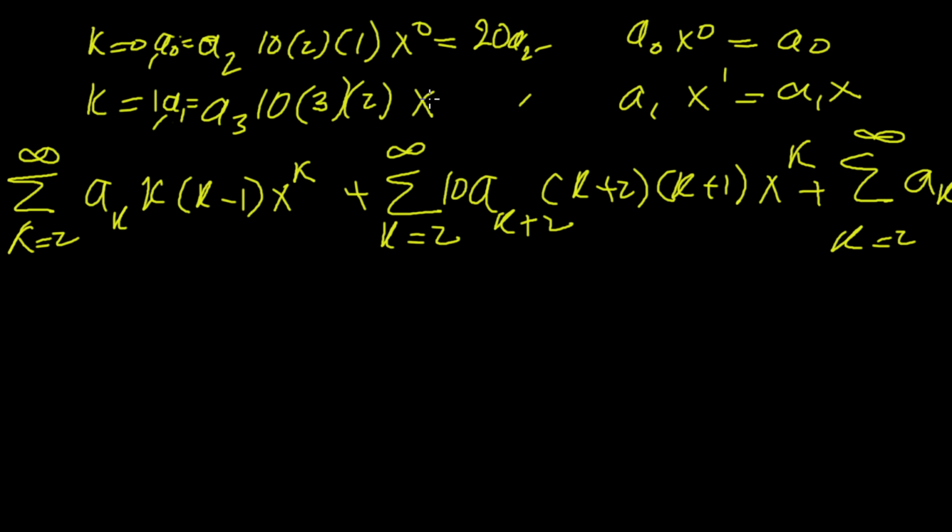This is a1, and that's going to give us 60. Alright, and these are just unfinished. So the first one was 20 a naught. The next one was 60 a1 times x. I forgot x here.